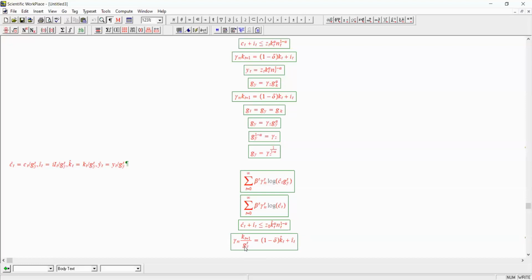For that, we would need to multiply top and bottom by g_y. The bottom then, of course, becomes g_y to the t plus 1. And now this is k hat t plus 1.